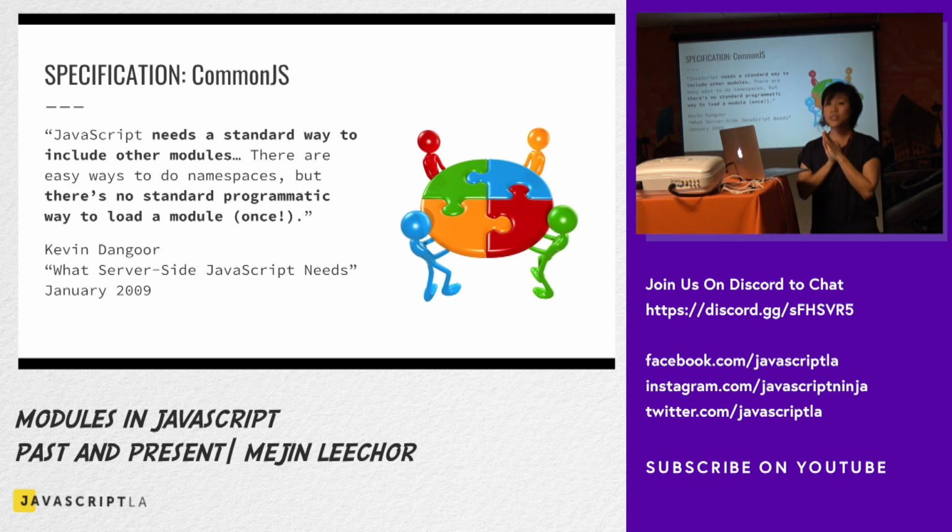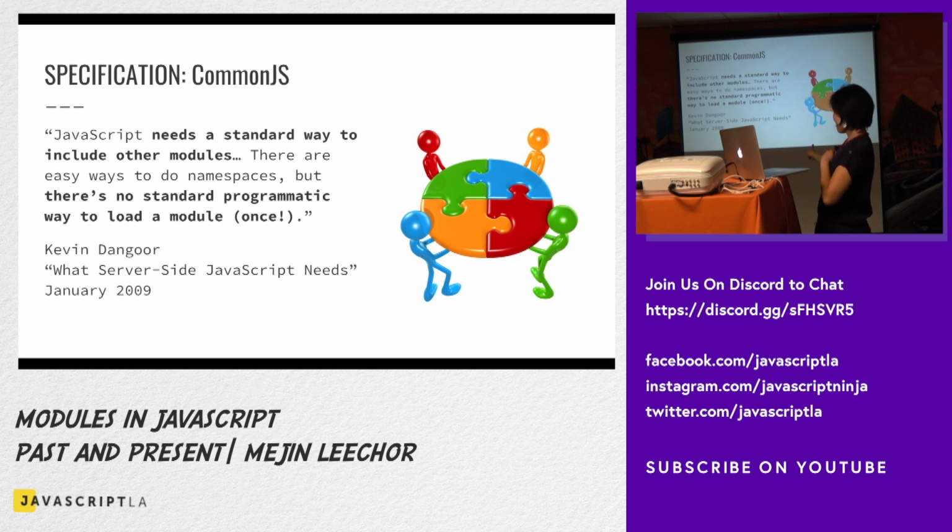The bottom line is that Dangoor felt that what he was describing was not actually a technical problem. It was an organizational problem. It was about finding consensus among the JavaScript community, bringing people together so they could make a decision and step forward and start building something bigger, something better together. So like adopting a common currency or a common language.